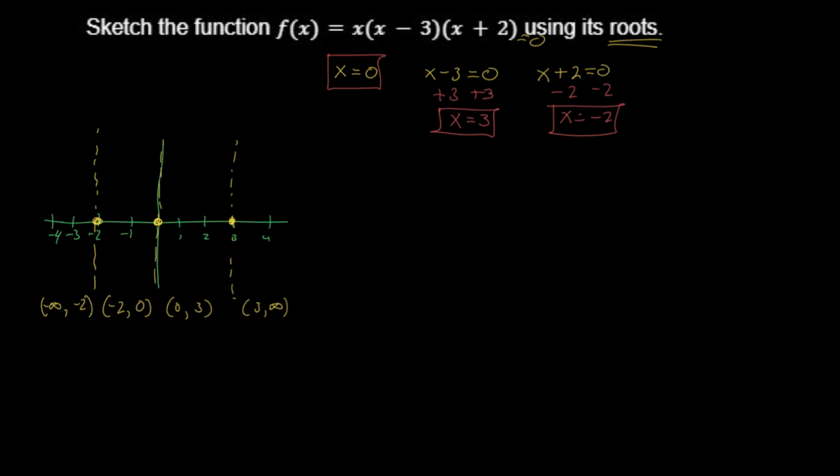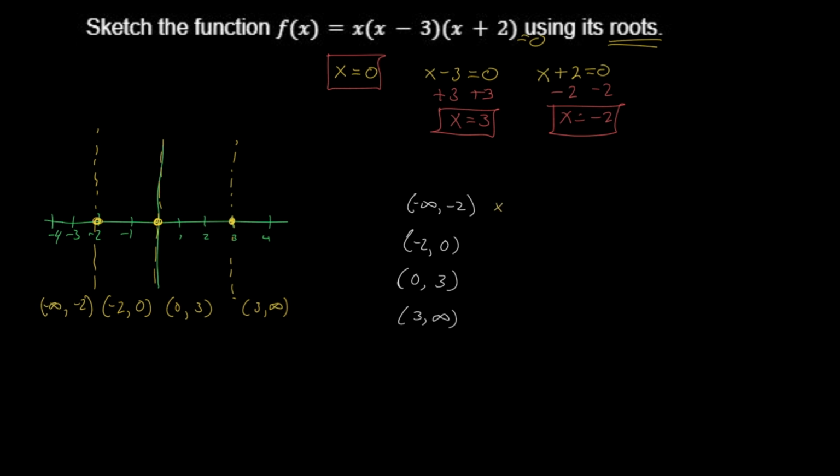So I'm going to take each of my intervals, negative infinity to negative 2, negative 2 to 0, 0 to 3, and 3 to infinity. And I'm going to pick a test point or an x value on each of those intervals to tell whether it's positive or negative.